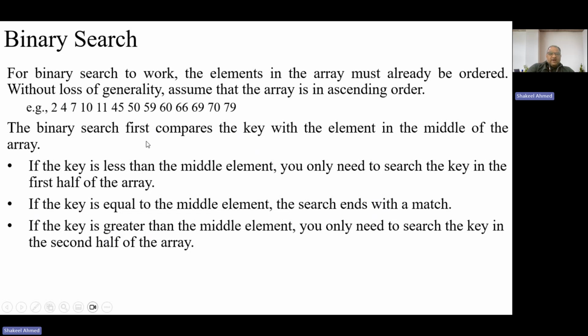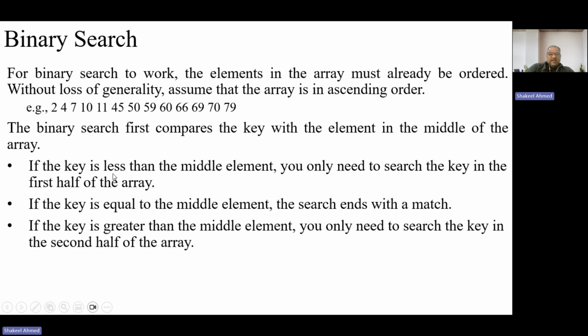The binary search first compares the key with the element in the middle of the array. If you have an array size and the key value that you are looking for, you divide the array into halves and check whether the element is found in the first half or the second half.